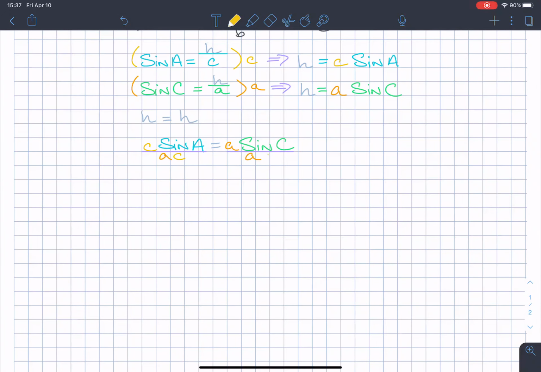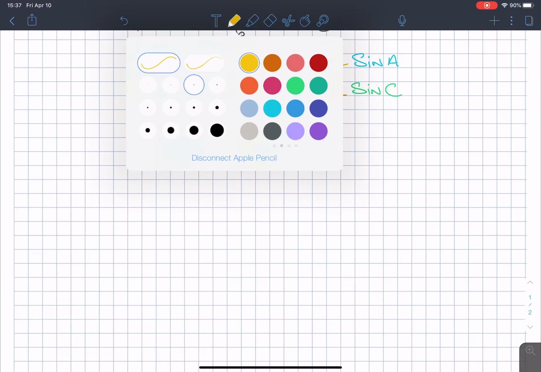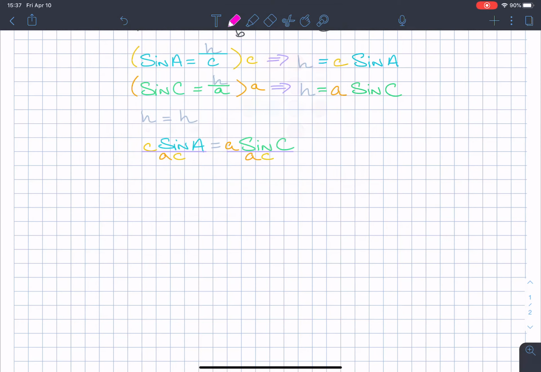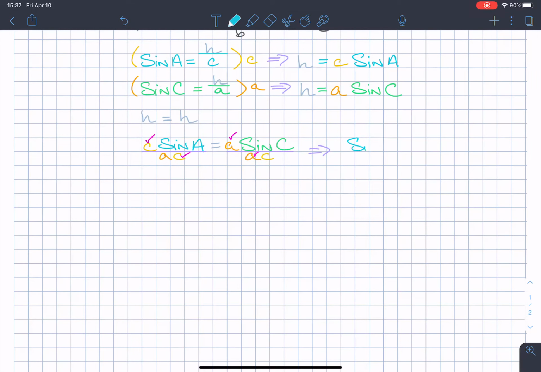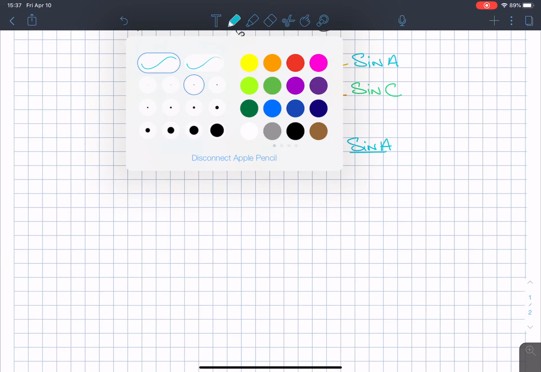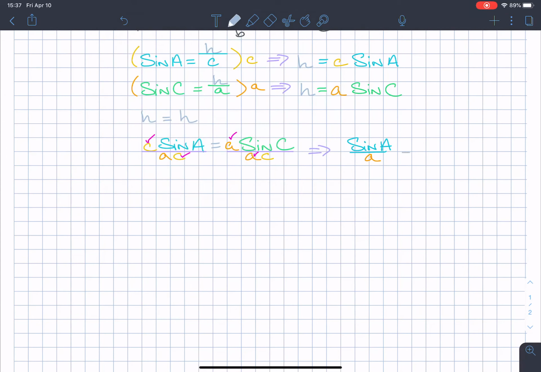Whatever I do to one side of an equation, I can do to the other. On the left, the c's reduce, and on the right-hand side, the a's reduce. So this gives us that sine of A divided by little a is equivalent to sine of C divided by little c.